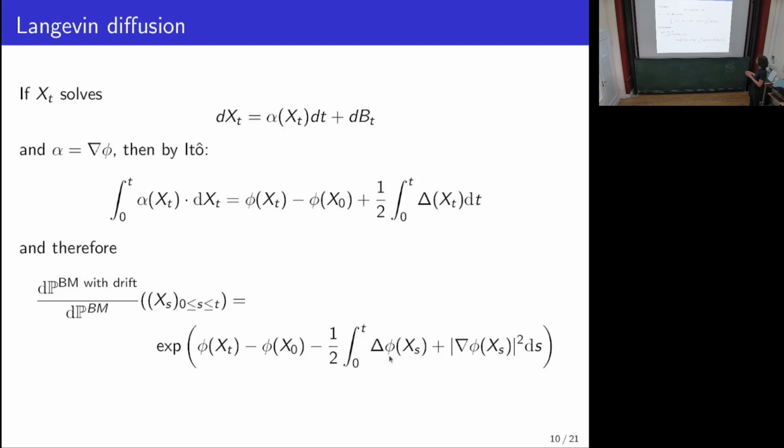So our assumptions on alpha are that alpha is the gradient of something, and this function here is positive. And if we have that, then we can see that the Brownian motion with drift and the Brownian motion with this mass are related. And if you look at the ratio of their Radon-Nikodym derivative, you see that it's only a function of the endpoint of your path.